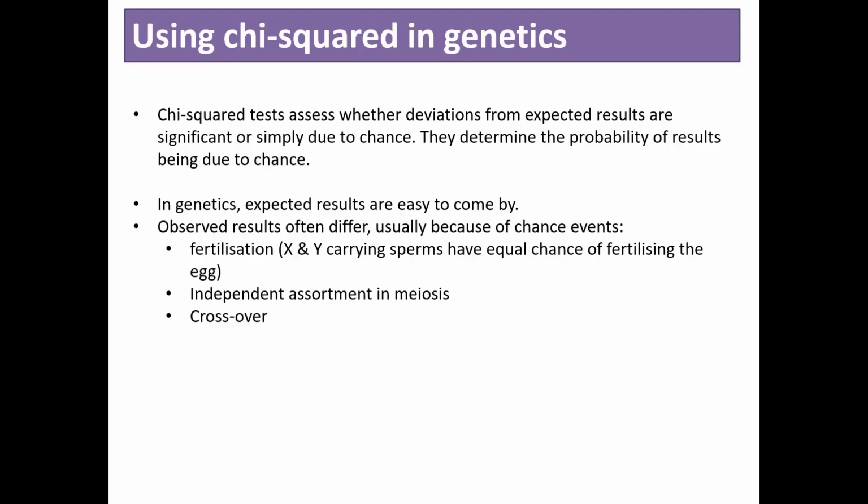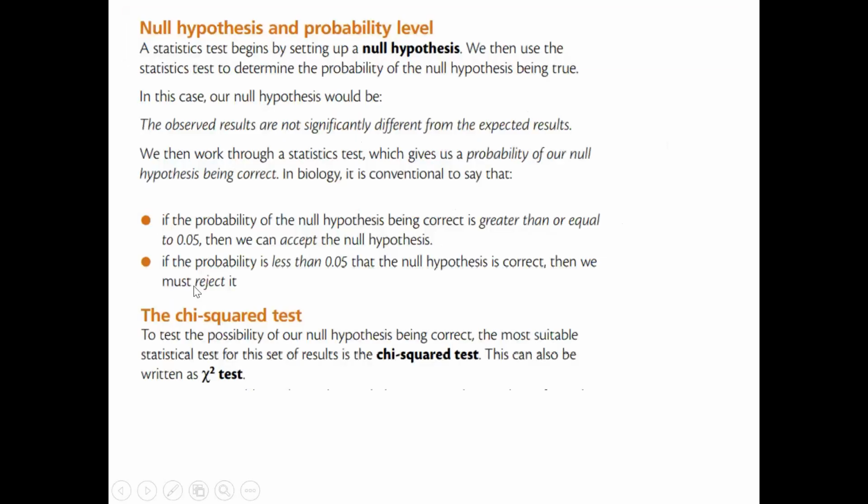Even random fertilization can happen, where X and Y carrying sperms have equal chance of fertilizing the egg. All these chance events will definitely give you a different result compared to what you were expecting. This is what we expect in genetics.